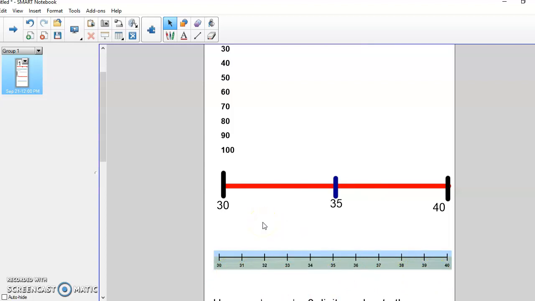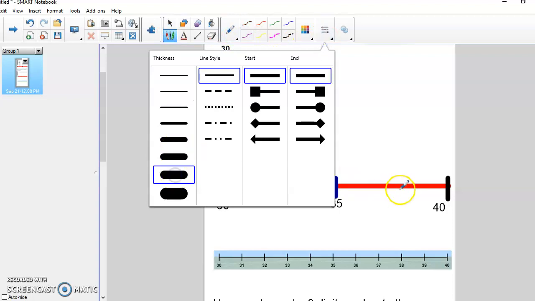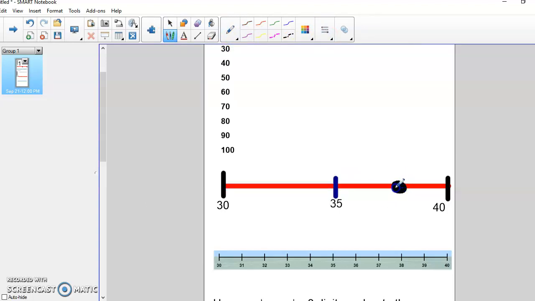If I count 31, 32, 33, 34, 35, I haven't heard 38 yet, so it's not going to be in between 30 and 35. I'm going to keep going: 35, 36, 37, 38. Oh, I found 38, so I'm going to put a point at about 38, okay?